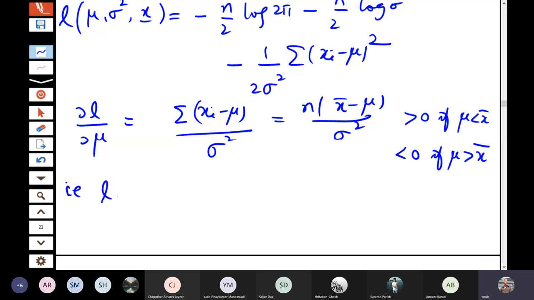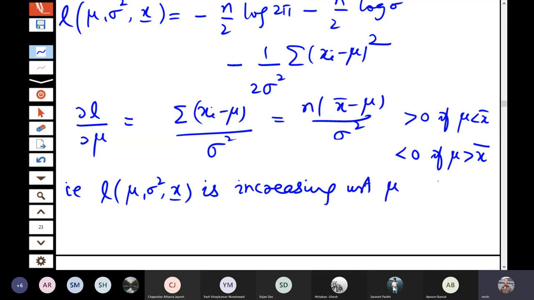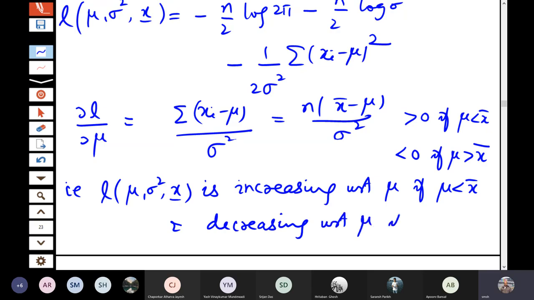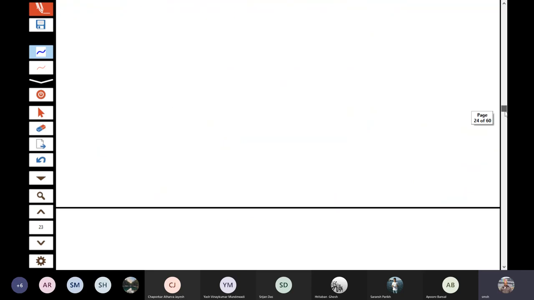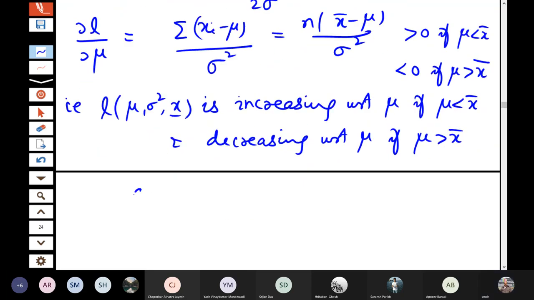That is, L mu sigma square x is increasing with respect to mu if mu is less than x bar and decreasing with respect to mu if mu is greater than x bar for all values of sigma square.